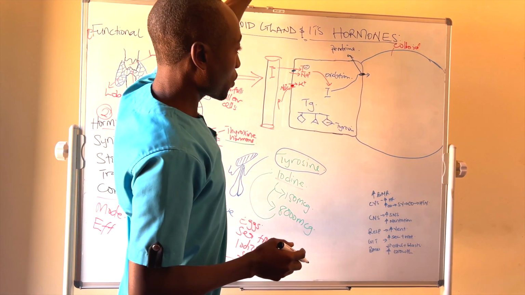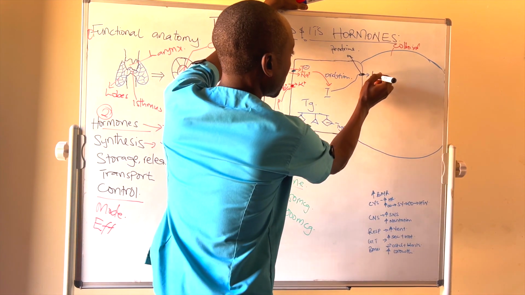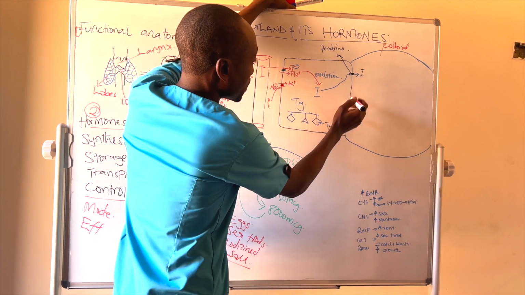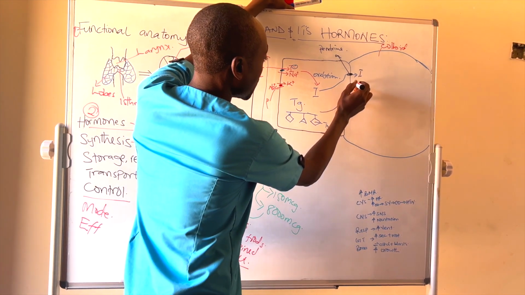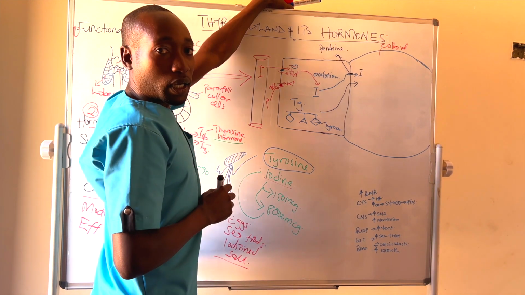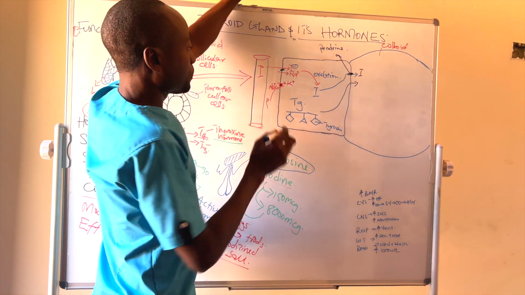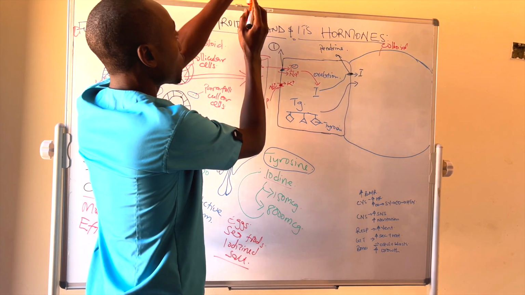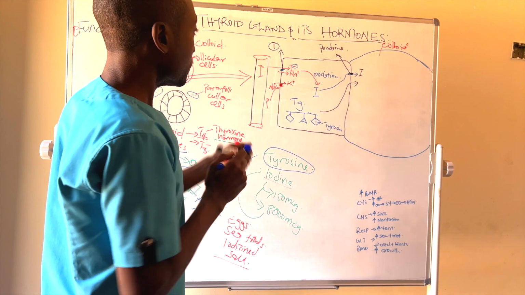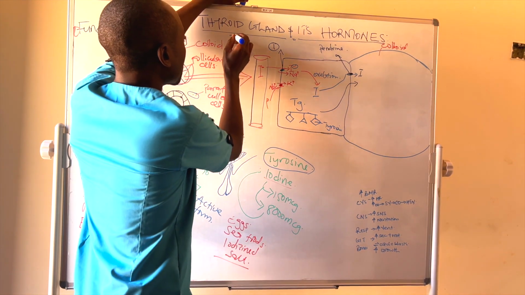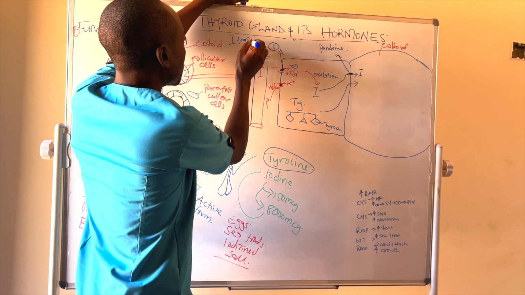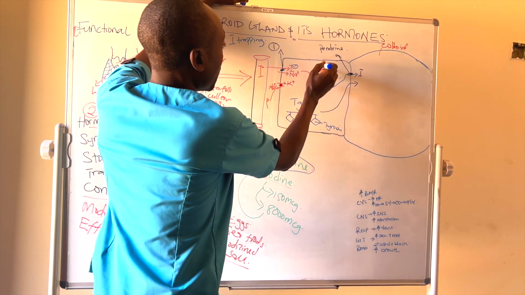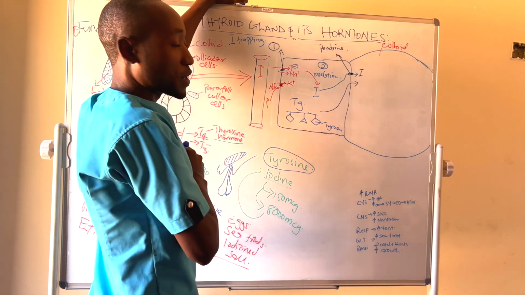So we have iodine here, but also this thyroglobulin is going to be channeled into our colloid. Now let's put steps. This first step here is what we call iodine trapping. And then the second one here is what we have called oxidation.